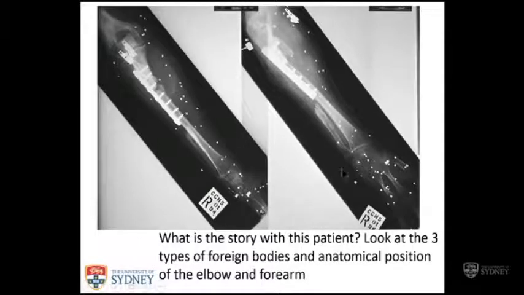Something really quite odd. The damage was so severe that what they've actually done is they've connected the distal radius to the proximal ulna. This is why it is hard to understand. So it's half radius, half ulna, because the damage was so extensive.